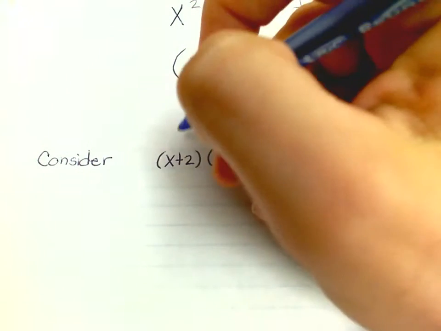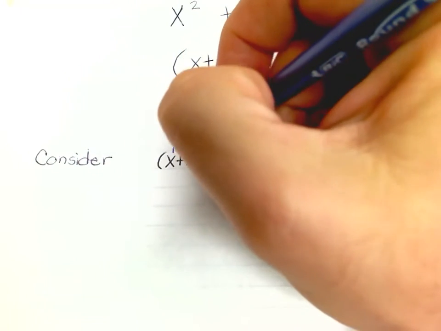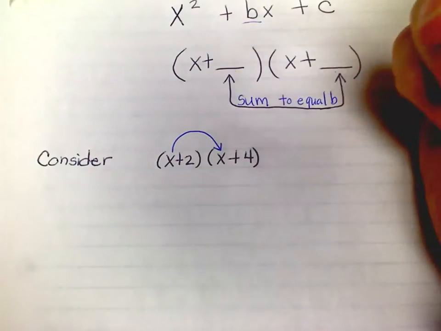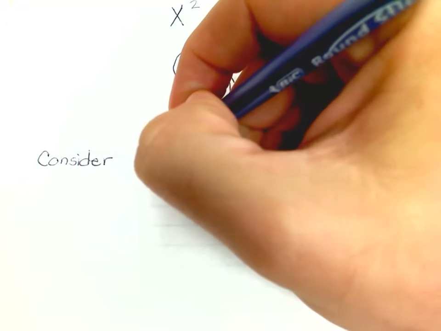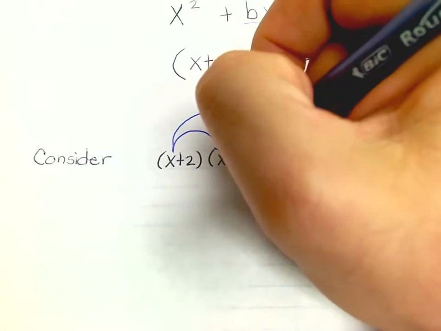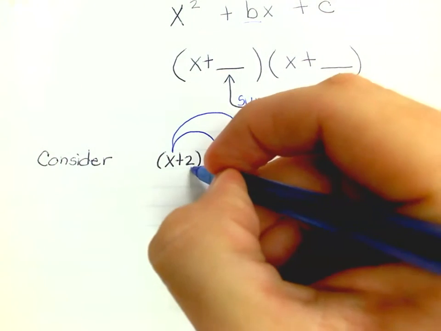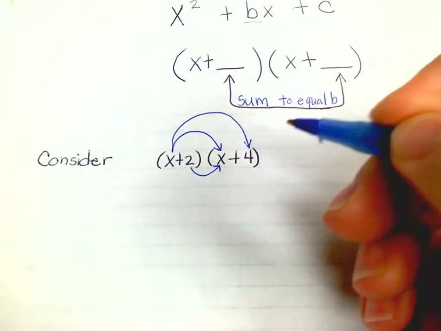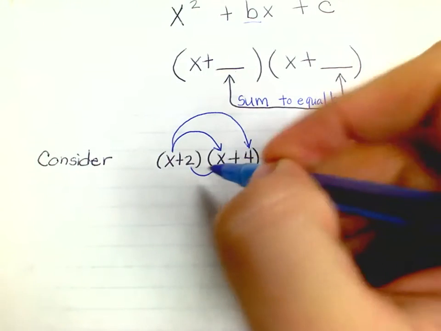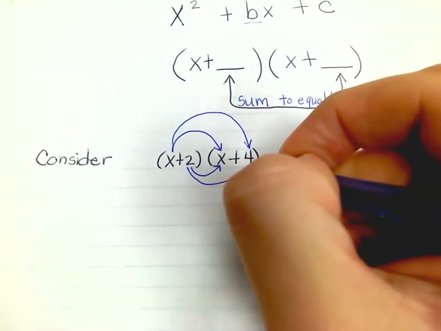If we use the FOIL method, we will distribute the x times the x in the second set of parentheses. We will also distribute the x in the first set of parentheses to the 4. Continuing the FOIL method, we'll take the 2 and distribute it to the x in the second set of parentheses, and then also to the 4.